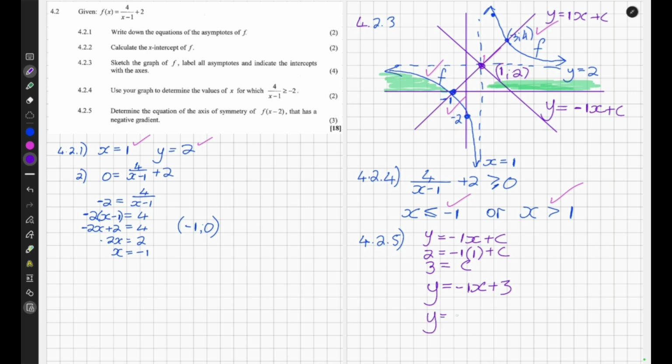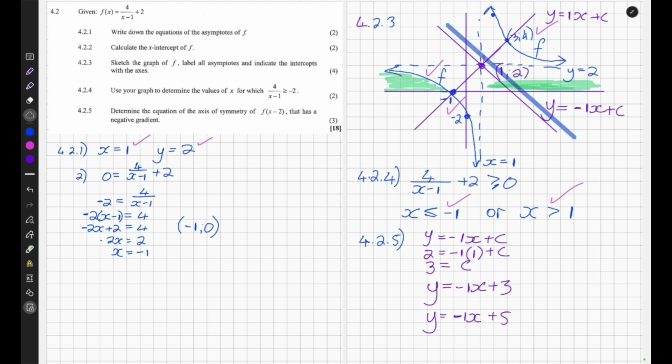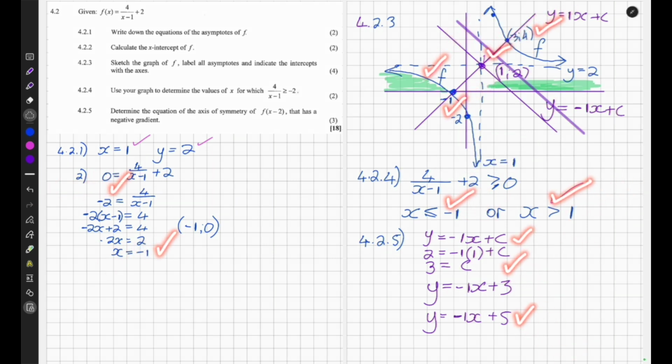So y equals minus 1x plus 5 would be the correct answer in this case. Just to show you exactly what happened, I took this axis of symmetry and moved it 2 units to the right. So if I let it go through 5 instead of 3, then the y value would also go up to 5 instead of 3. And that's why that would be the answer.